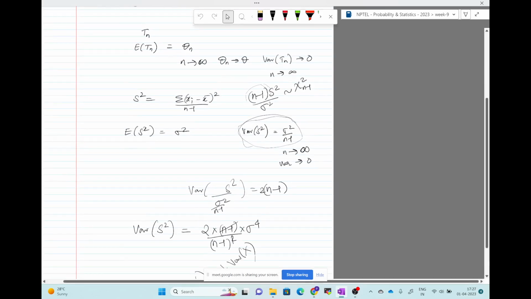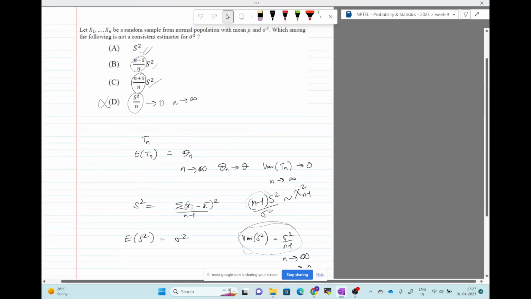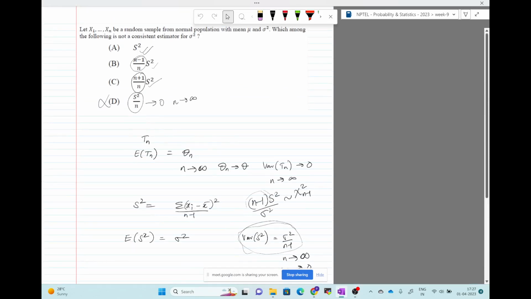So again, the last option is what stands, is it? Which is wrong. Here the expectation of this term itself is going to 0. Yes, yes. Okay.